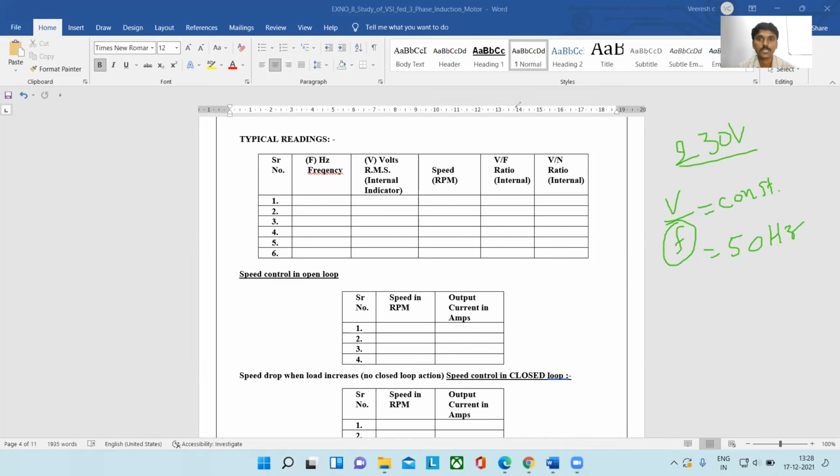This is our objective of today's experiment. Okay, let's see the practical. Just wait, I will show you the practical.